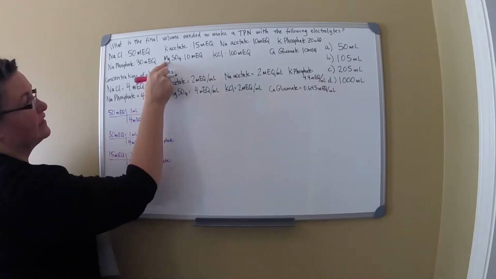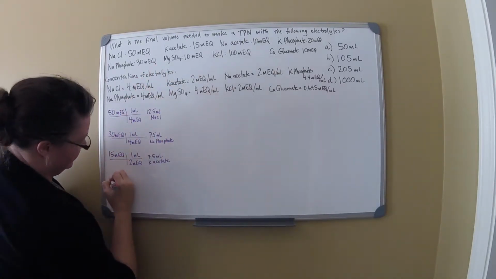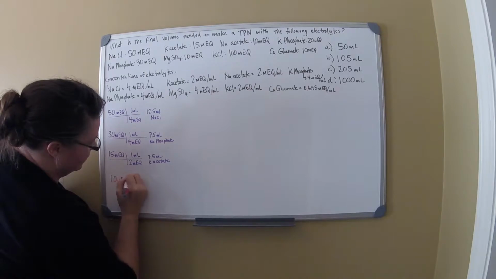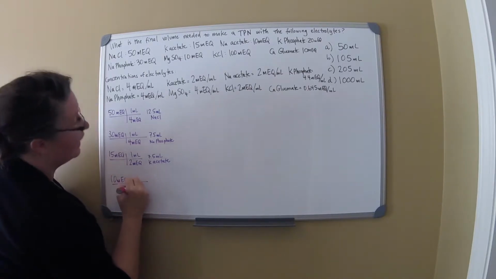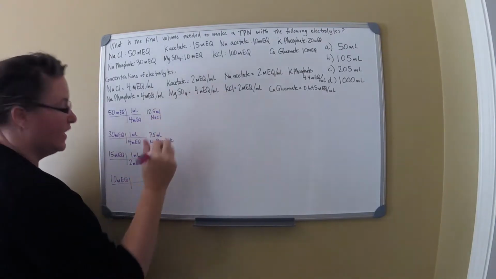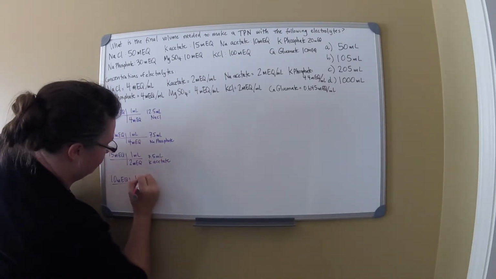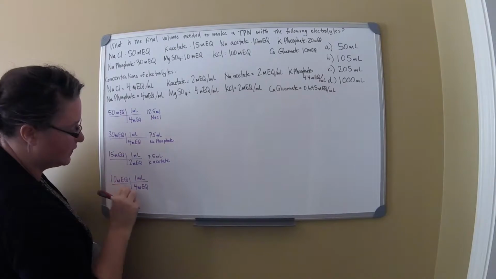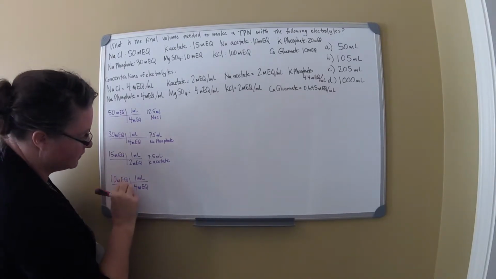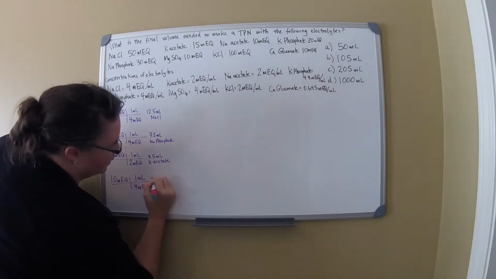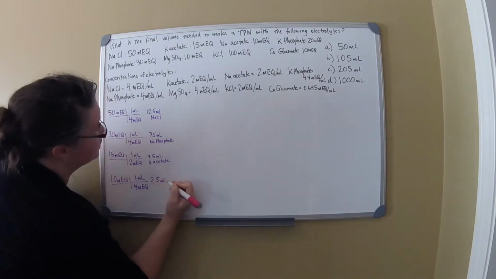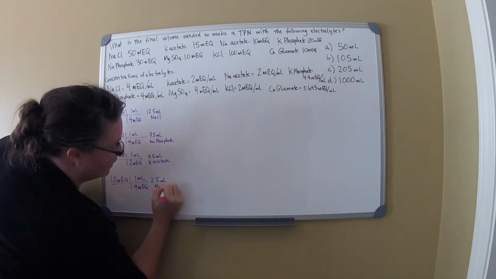And the next one is magnesium sulfate. So that's 10 milliequivalents. And the conversion here that's given is 4 milliequivalents. So multiply by what's on top, divide by what's on bottom. So 10 divided by 4, so that gives us 2.5 mils, and that is magnesium sulfate.